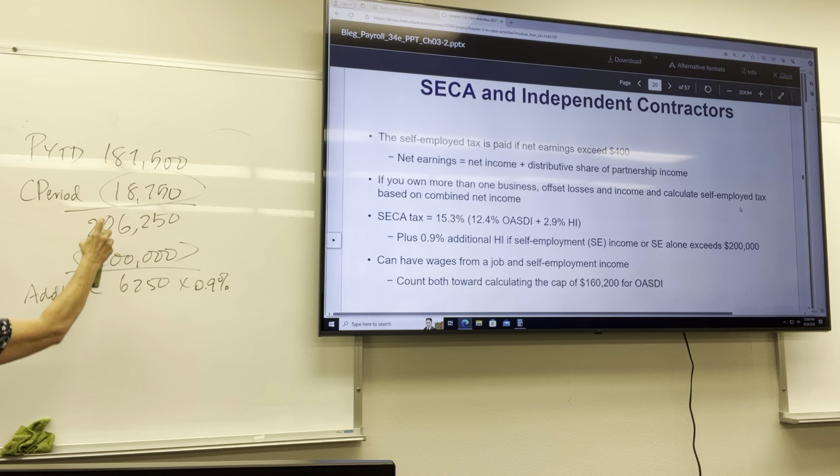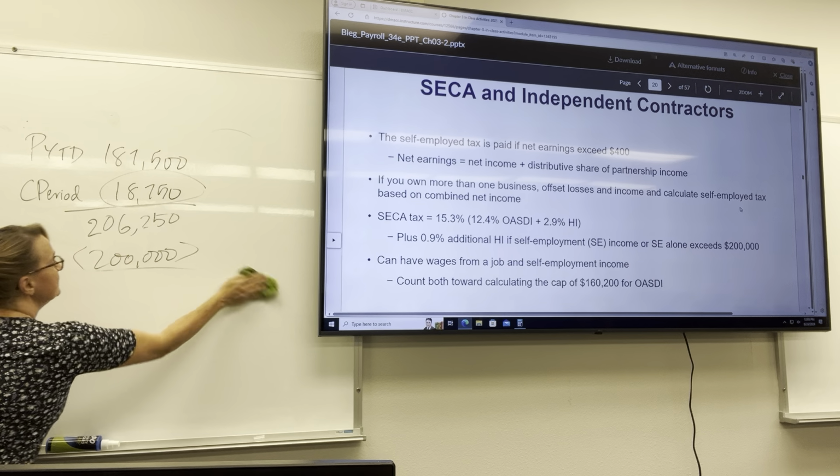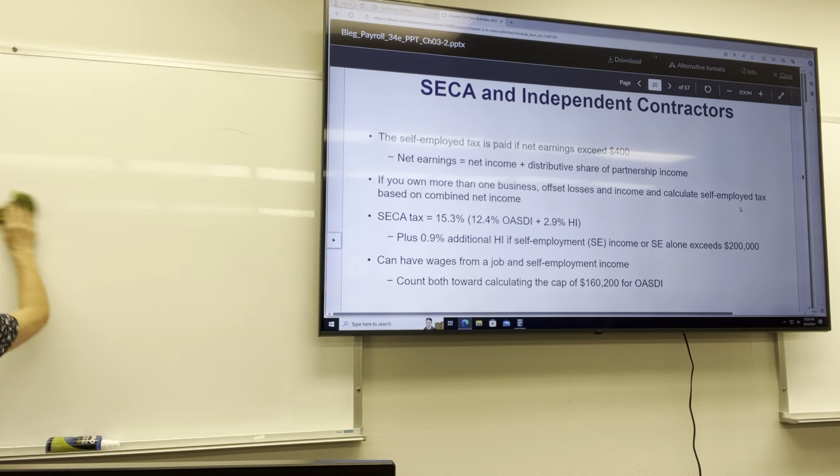Remember, when you're self-employed, you've got to pay both halves. But these caps, like the wage base and the additional Medicare tax thresholds, don't change. It counts toward all of your wages for the entire year. Actually, let me start with a simpler scenario and then I'll get to the self-employed.